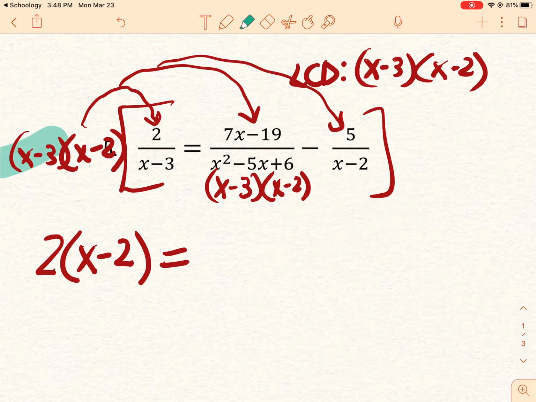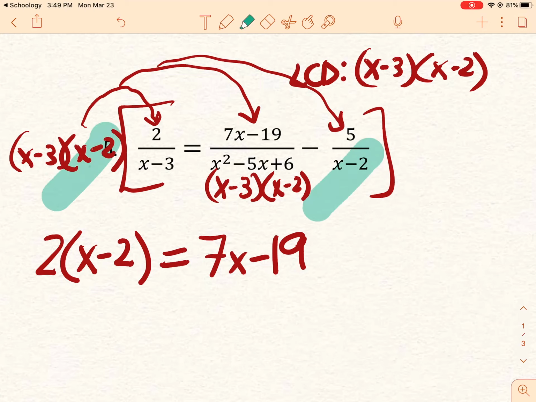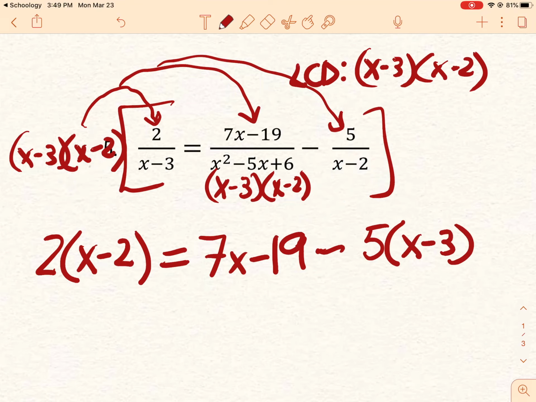On the next one, you actually get the x minus 3's and the x minus 2's all to cancel out. So you're only left with what was on top, 7x minus 19. On the third one, you're getting that x minus 2 to cancel out with that. So you're only left with a minus 5 times x minus 3.